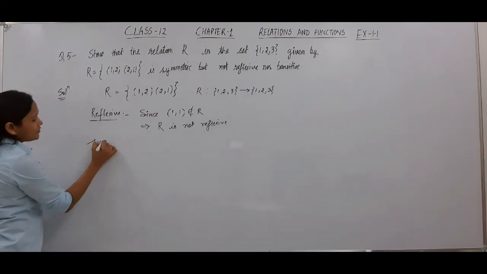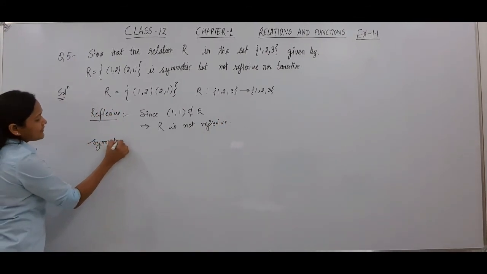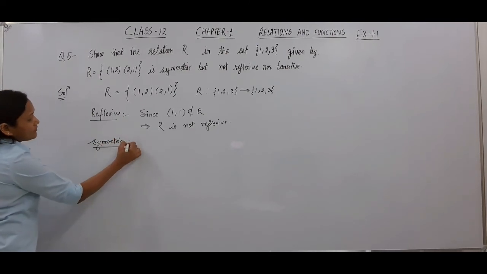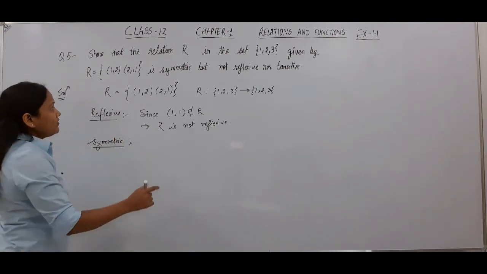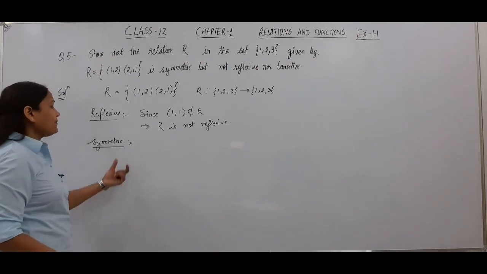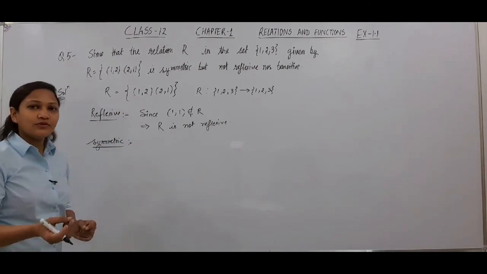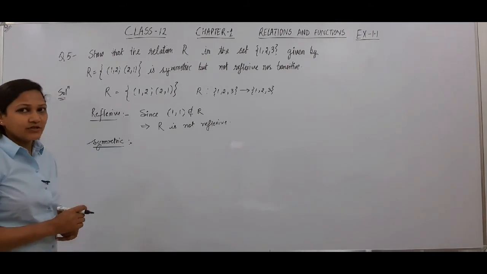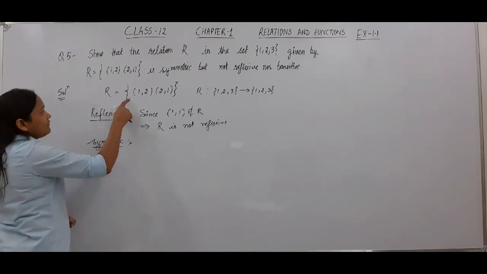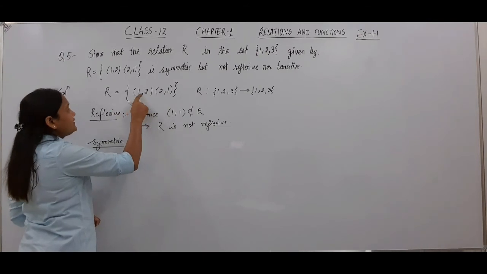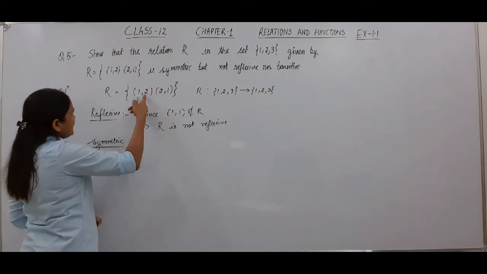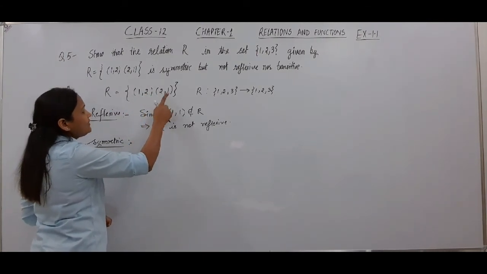Second, you have to check for symmetric. Now for symmetric आपको ये चेक करना है कि अगर आपका A B से रिलेट हो रहा है तो B भी A से रिलेटेड होना चाहिए. And if you check your relation, 1 is related to 2 and in turn 2 is related to 1.